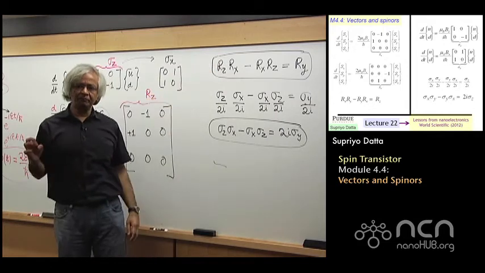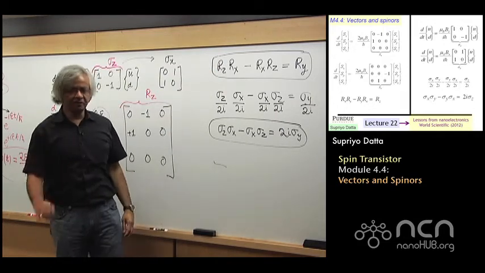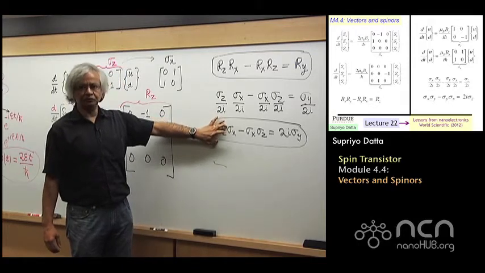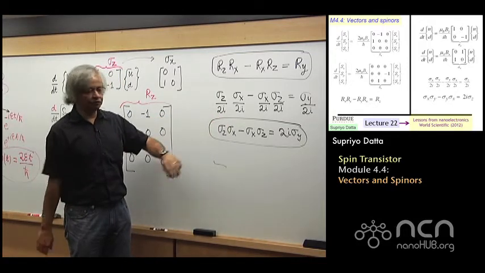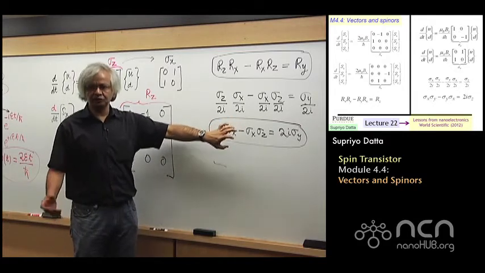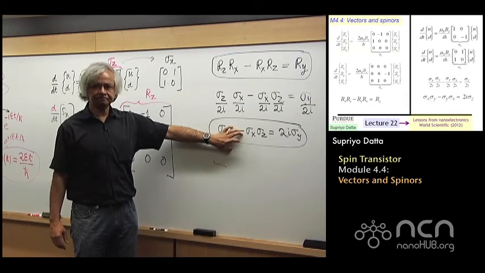So if you want a two-component representation, the first job is to find a set of matrices that will obey that rule. So then you work with the 2x2 matrices and figure out which set of matrices has that property. Those are the Pauli spin matrices.